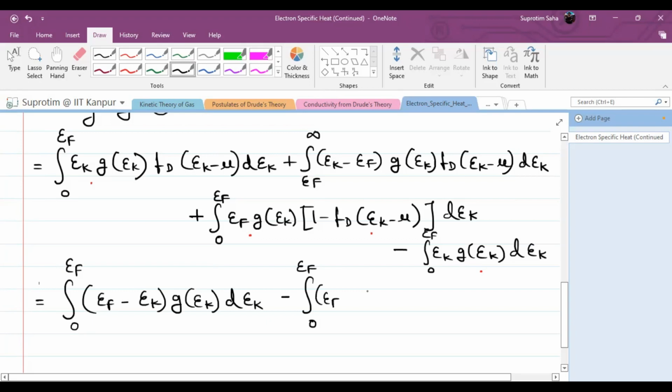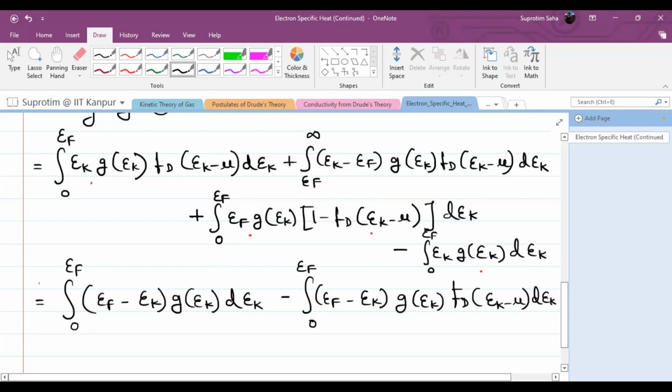So EF minus EK, G of EK, Fermi-Dirac, EK minus mu, D of EK.